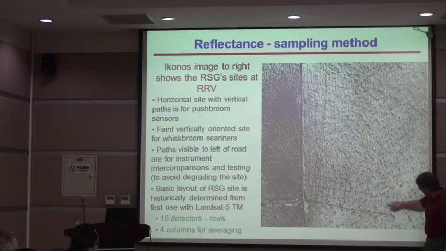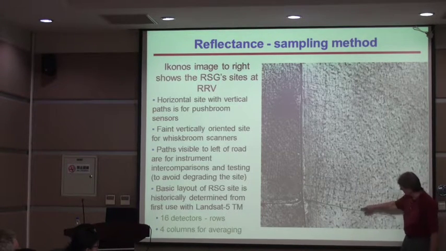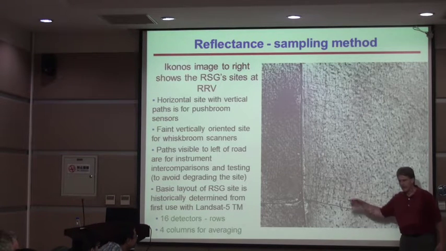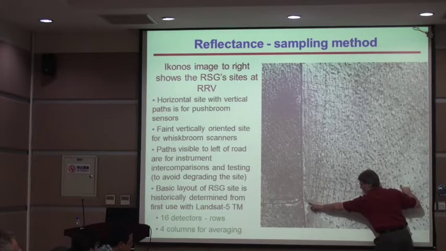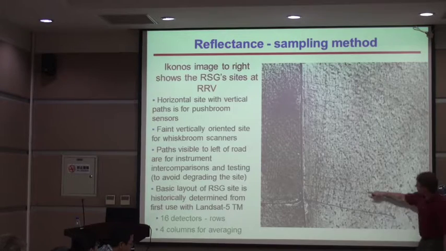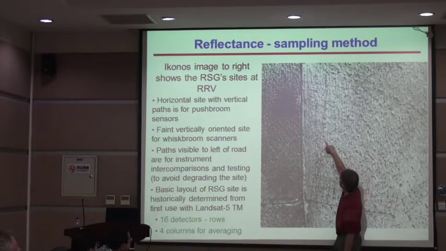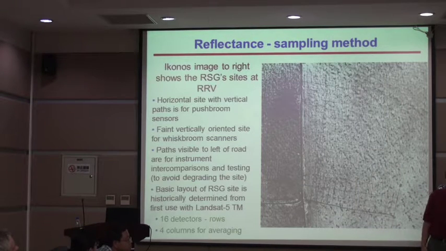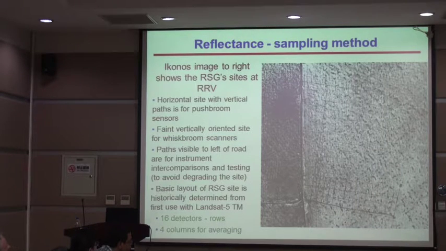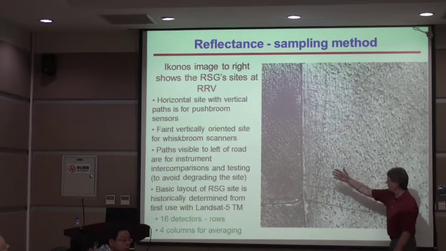And here's the pathway that we were walking with the ASD to sample the 15, 20-meter pixel sizes that we were trying to do, with targets marking the corners. What you see going this way is we can do Landsat. In the original Landsat systems, 4, 5, and 7 were whisk broom scanners, so they were scanning basically across the page.